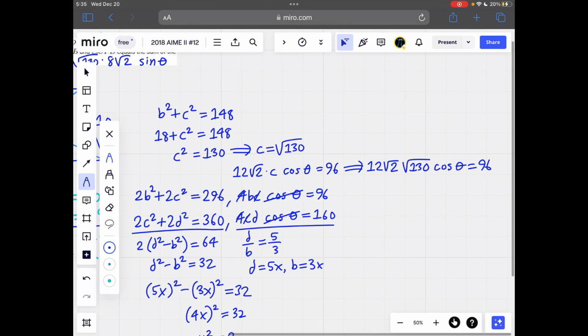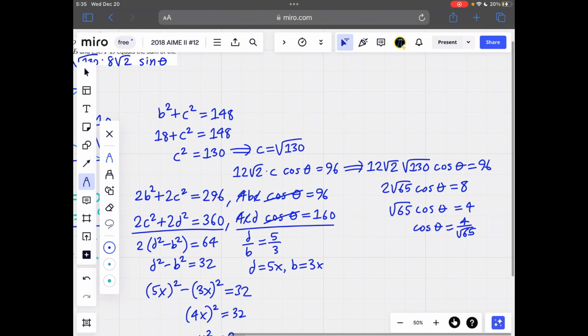And dividing by 12, you get that the square root of 2 times the square root of 130, which is the square root of 260, or 2 root 65, cosine theta is equal to 8. That's what you get after dividing by 12. You can divide by 2 again. You get root 65 cosine theta is 4. So cosine theta is equal to 4 over root 65.